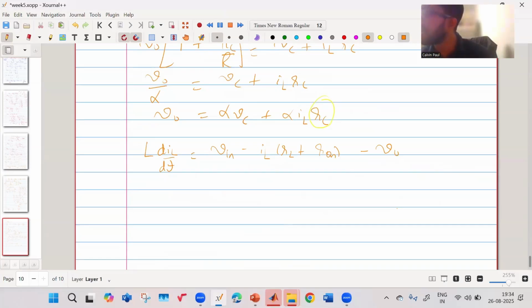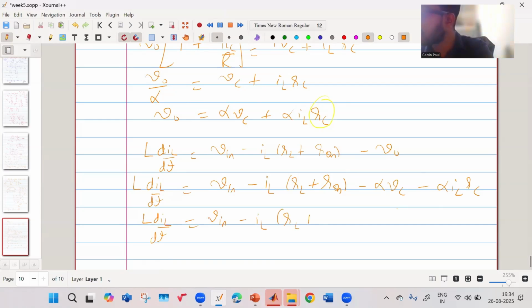So that's why we have written it in terms of states. So your L dIL by dt, in this case, it is Vn minus IL into RL plus R1 minus alpha VC minus alpha into IL RC. So your L dIL by dt, that is equal to Vn minus IL into RL plus R1 plus alpha into RC minus alpha into VC. Okay? This is the expression.